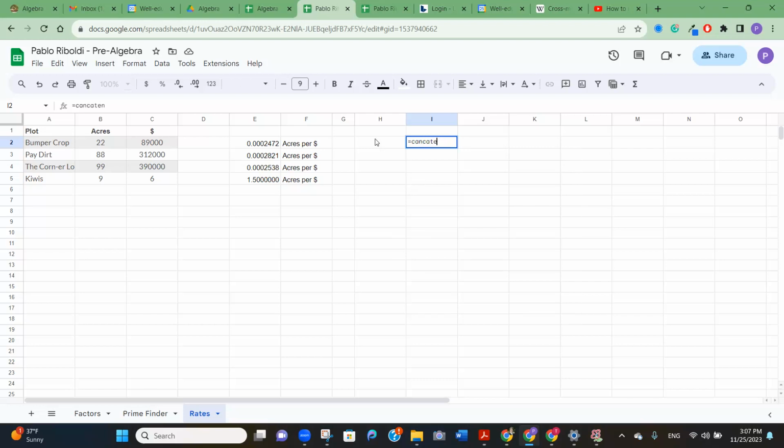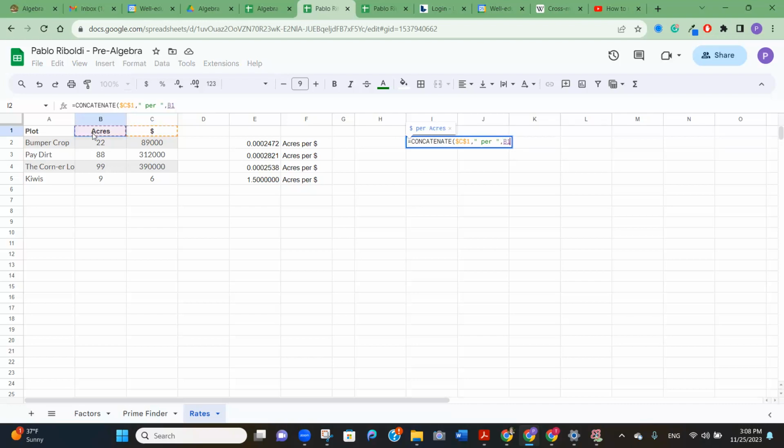concatenate. Okay, I think that I typed it wrong. Concatenate. And then we are going to do the dollars, and F4, we fix that there, comma, quotation mark, space, per, space, and then the double quotation mark, and then per acre.